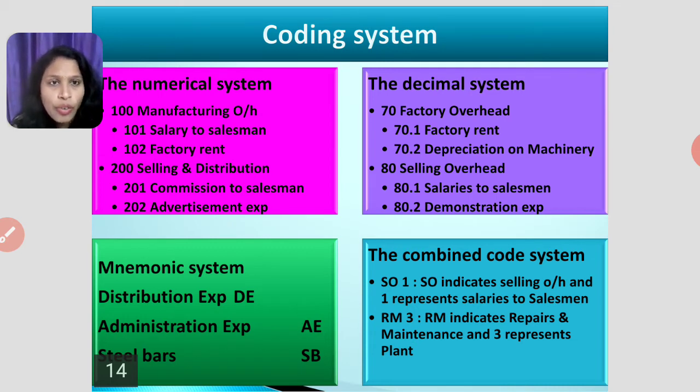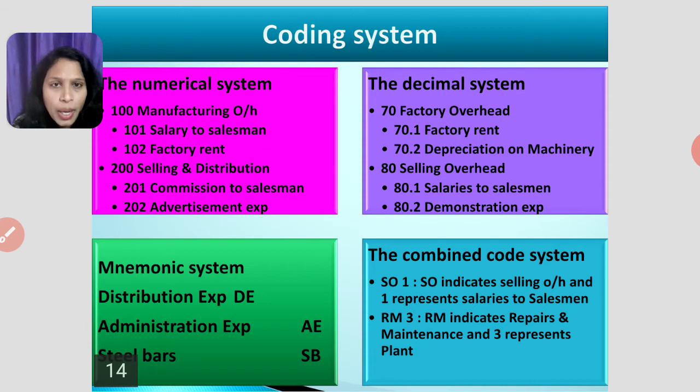Under this, four coding systems we have to study here: the numerical system, the decimal system, the mnemonic system, and the combined code system. So we are studying these contents in detail here.